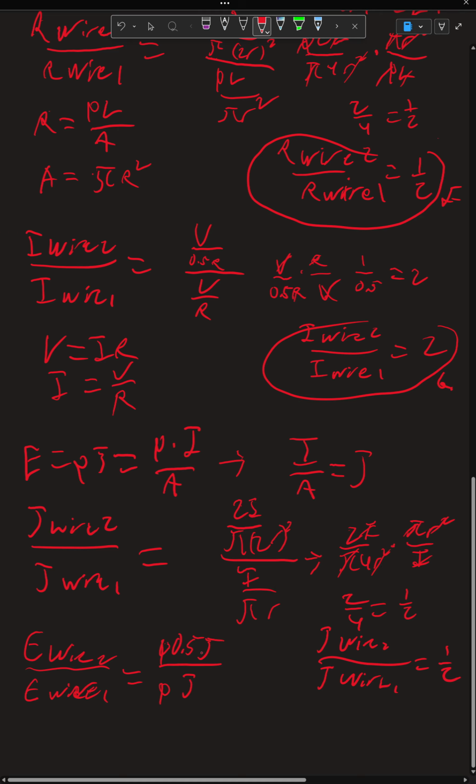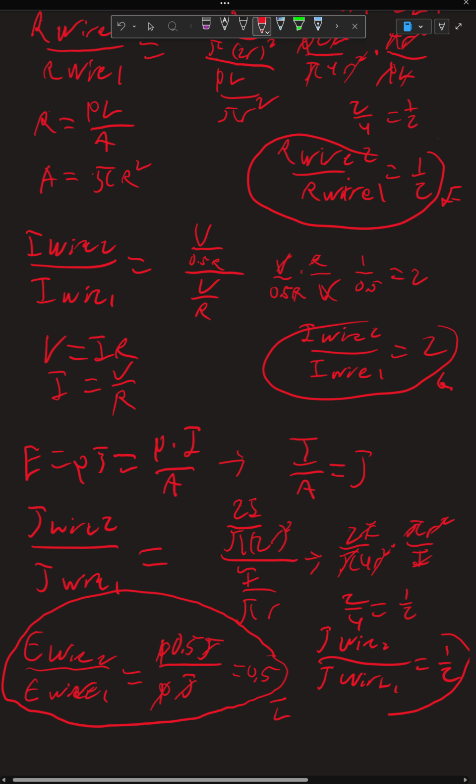Very simple, just cancel it out. So 0.5 over 1 is just 0.5. That equals 0.5, and that was for part H right here. And now we're on to part J through L.